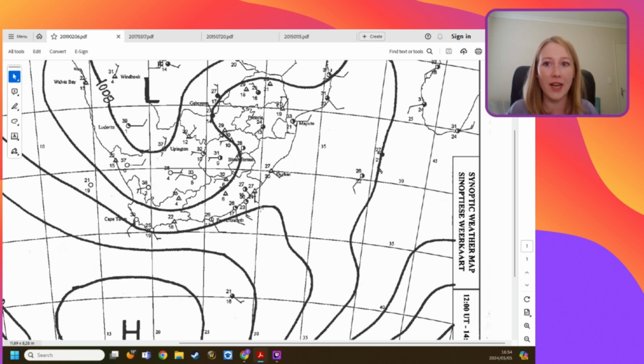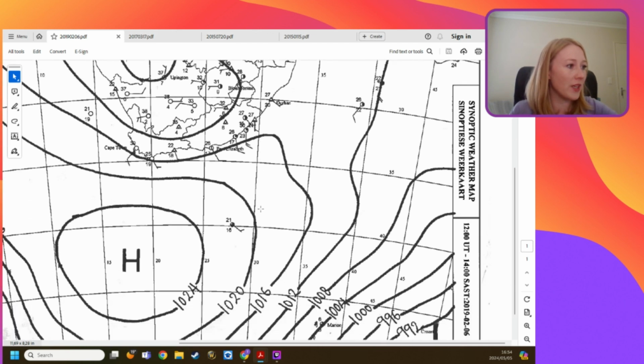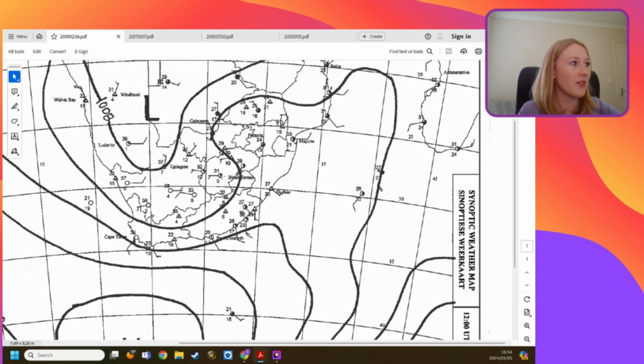I would allow a range for my answers. It can be anything between 1016 and 1012, but it can't be exactly those values. I won't accept 1016 or 1012, because if that were the pressure, the line would be going through Pretoria.